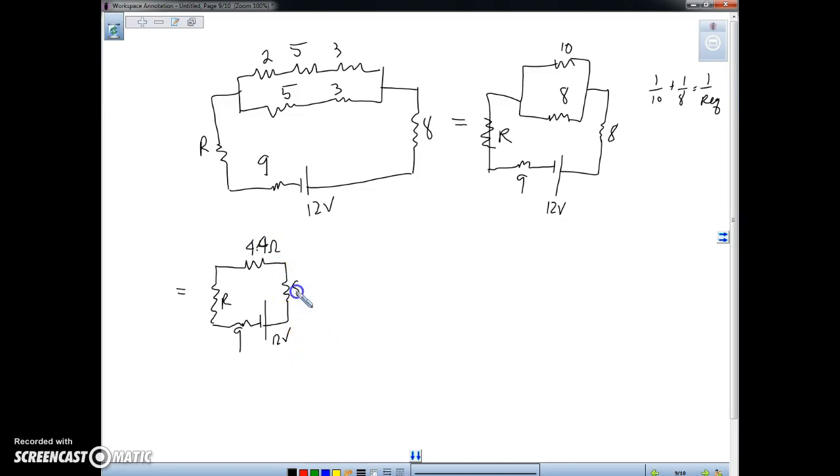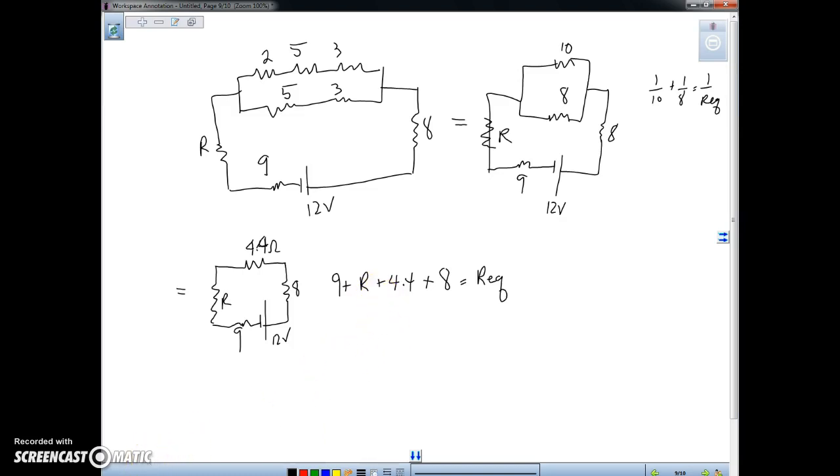Well, at this point, now I have everything in series. So if I were to add them up, it would be 9 plus R plus 4.4 plus 8 equals resistive equivalence, right? At this point would be our total.